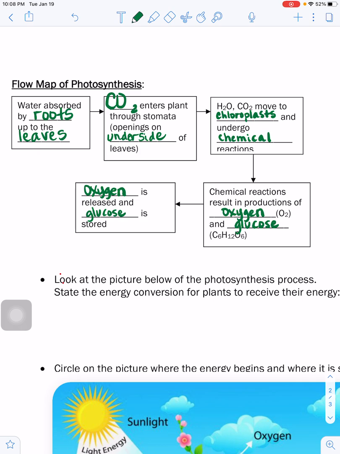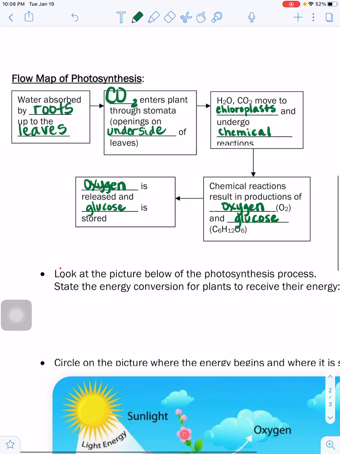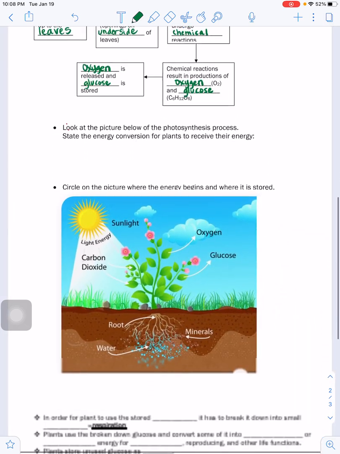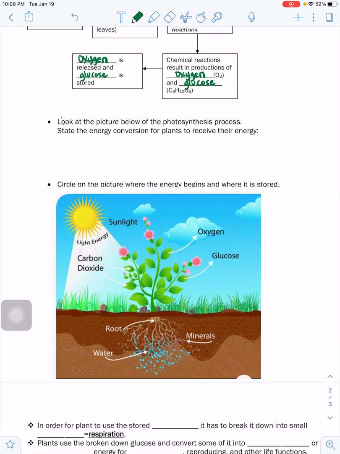Next thing is we have a picture of photosynthesis. It says state the energy conversion for plants to receive their energy. It's showing you right here, we had the light energy going into the plant, and it has where the water's coming in, oxygen, carbon dioxide, everything in that picture. So let's state the energy conversion.